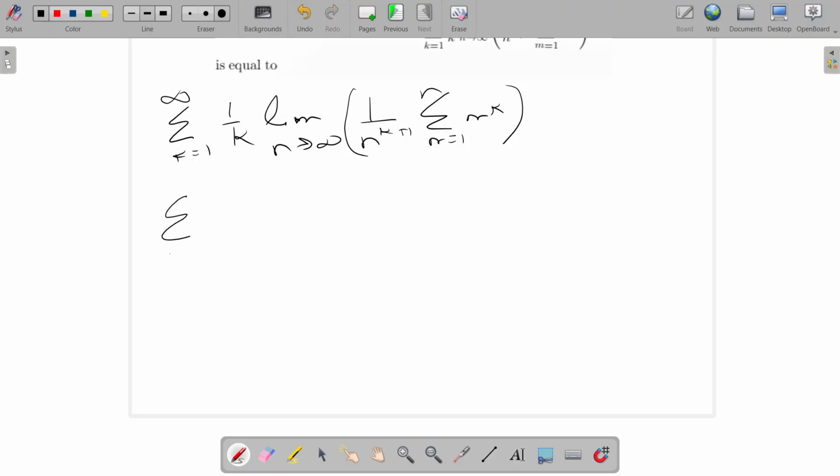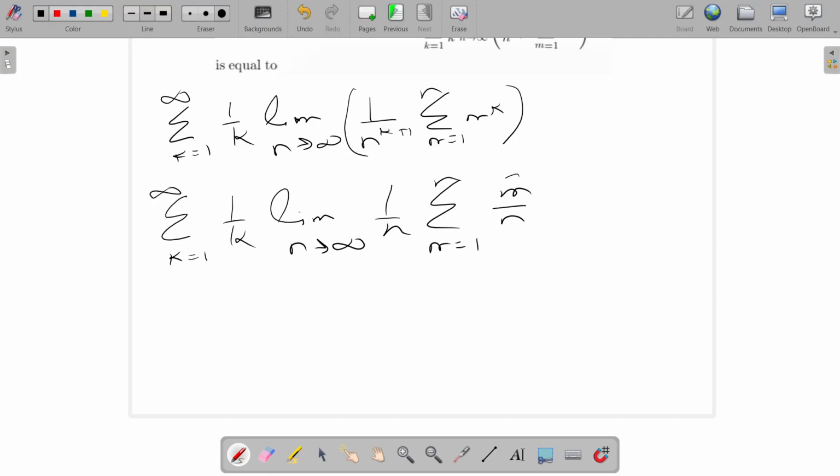So I'll write k equals 1 to infinity, and the same thing, 1 by n times m by n to the power k. Now this is nothing but the limit of a sum as an integral.